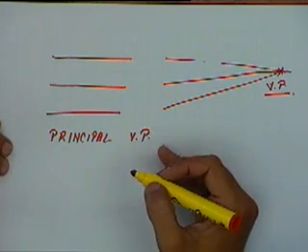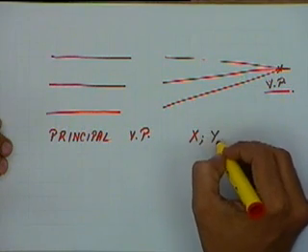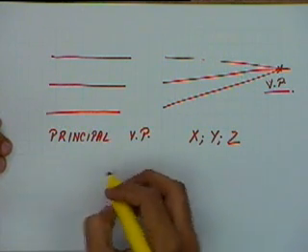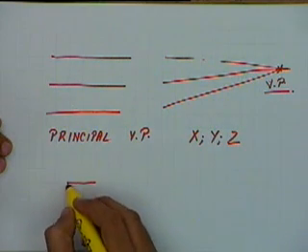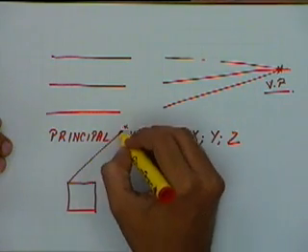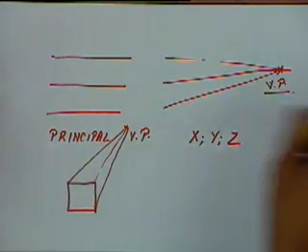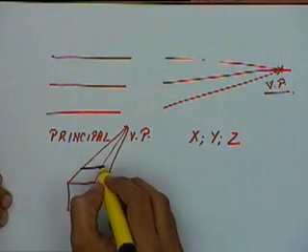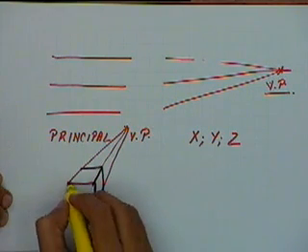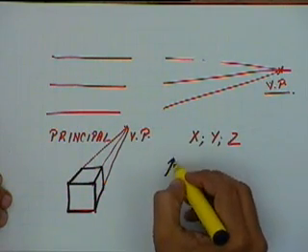Then we had seen the case of the principal vanishing points, and we said principal vanishing points will be the vanishing points in the principal directions, that is either the x, y or the z direction. We had seen a case like this where we have only one vanishing point, that is in this direction.